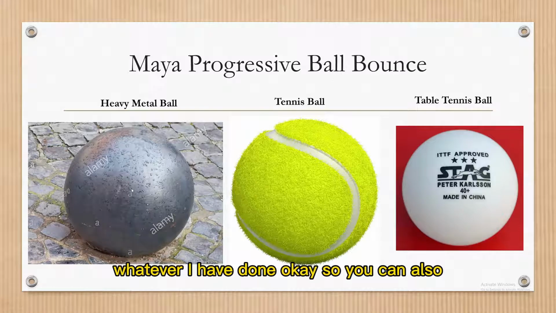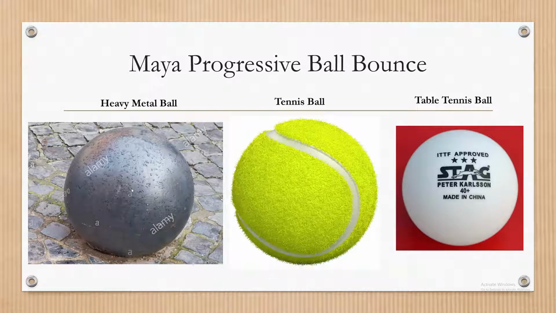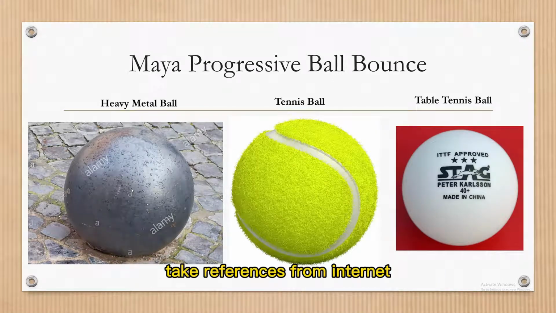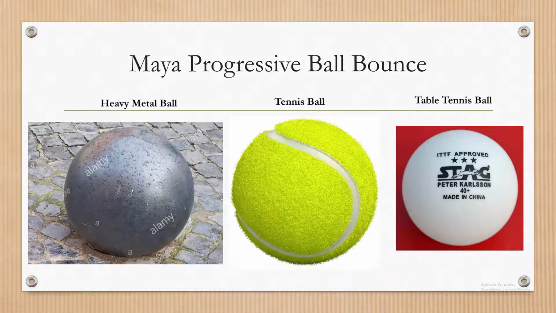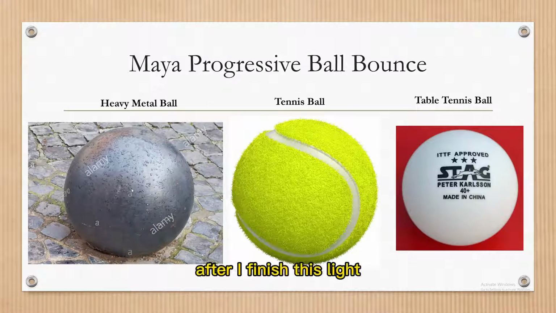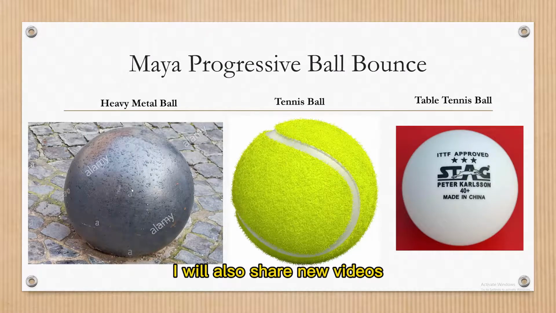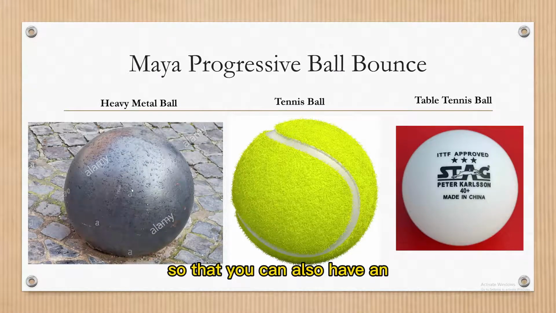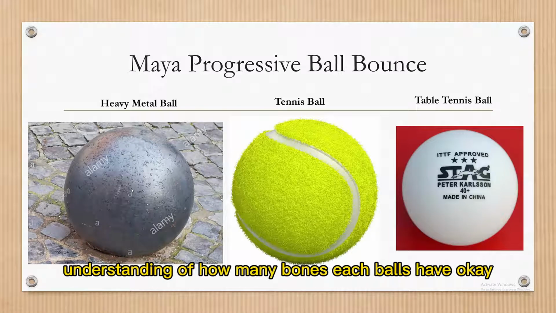You can also take references from the internet and see what happens when these kinds of metal balls fall. After I finish this slide, I will also share videos so that you can understand how many bounces each ball has.